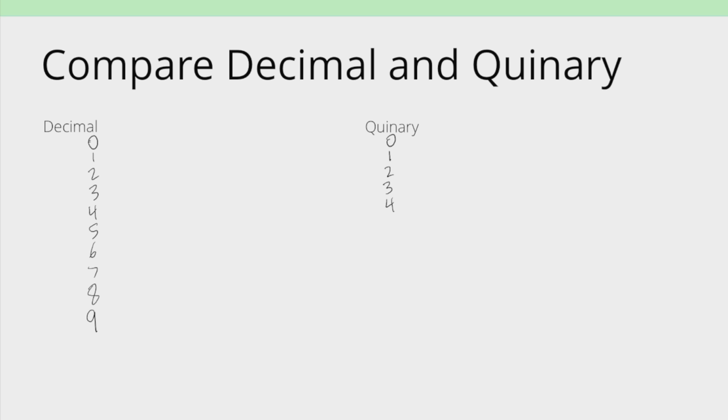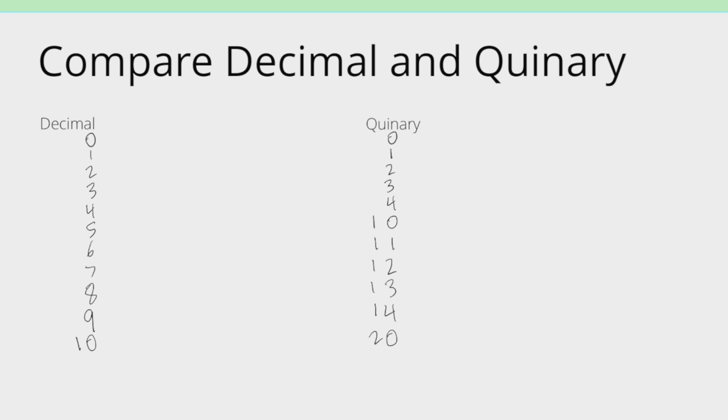I start over, and I add 1 to the left. Keep going. So that's 5, this is 6, this is 7, this is 8, this is 9. And to do 10, I just do 2, 0. That would be 10. Okay. All right.